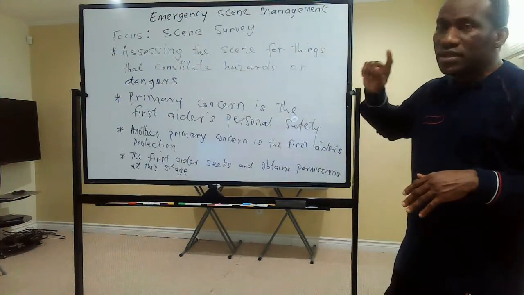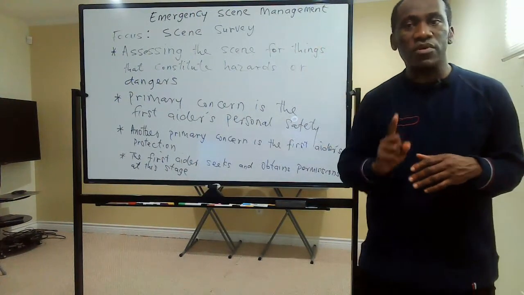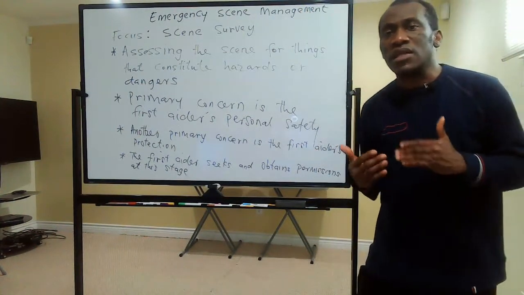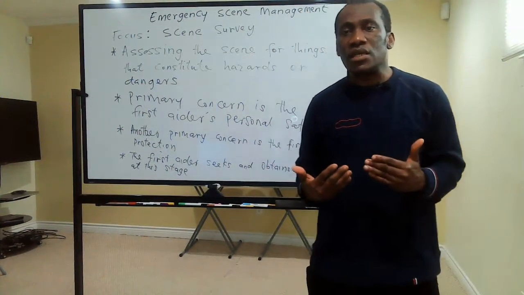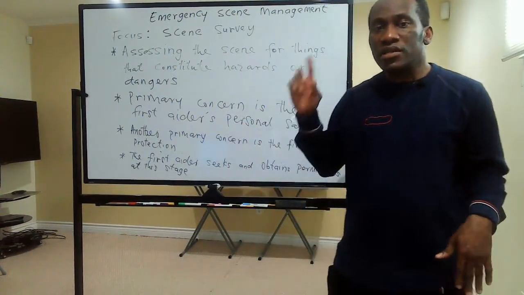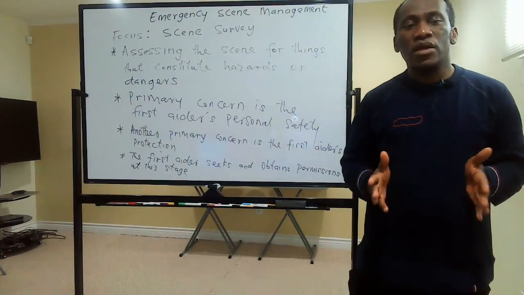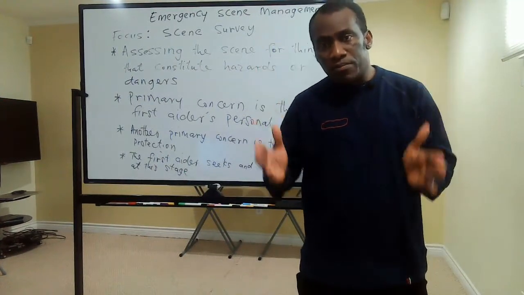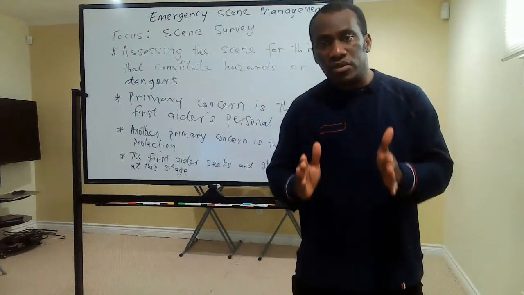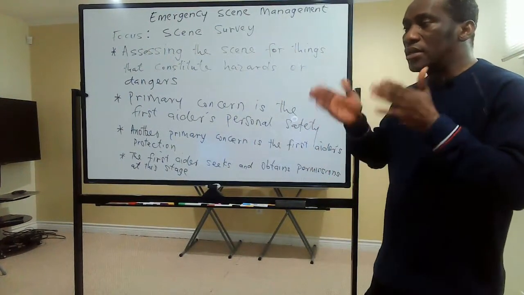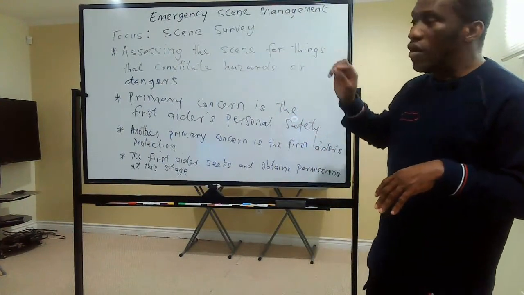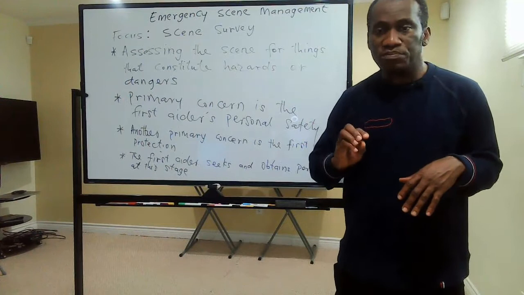If somebody asks you at what stage do you seek and obtain permission, the answer is scene survey. This is the preliminary stage. So safety, protection, and obtaining permission are the primary focus of scene survey.